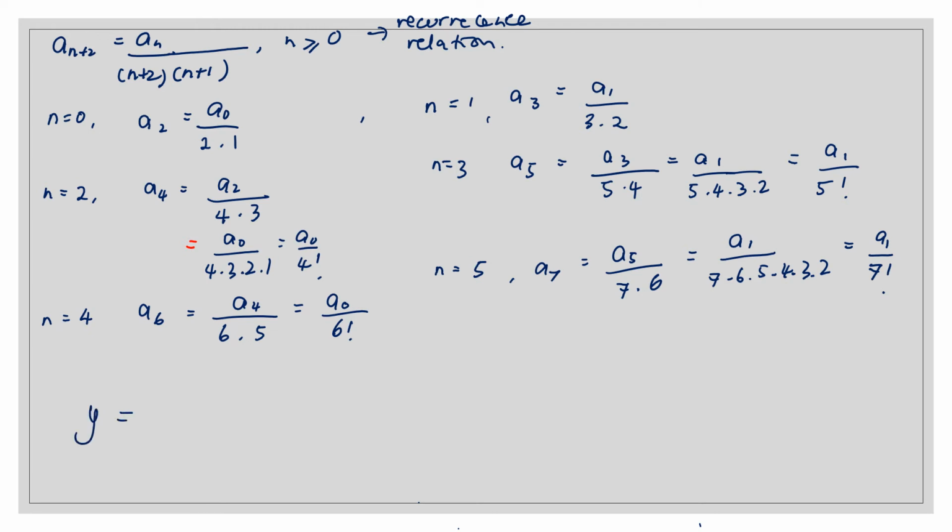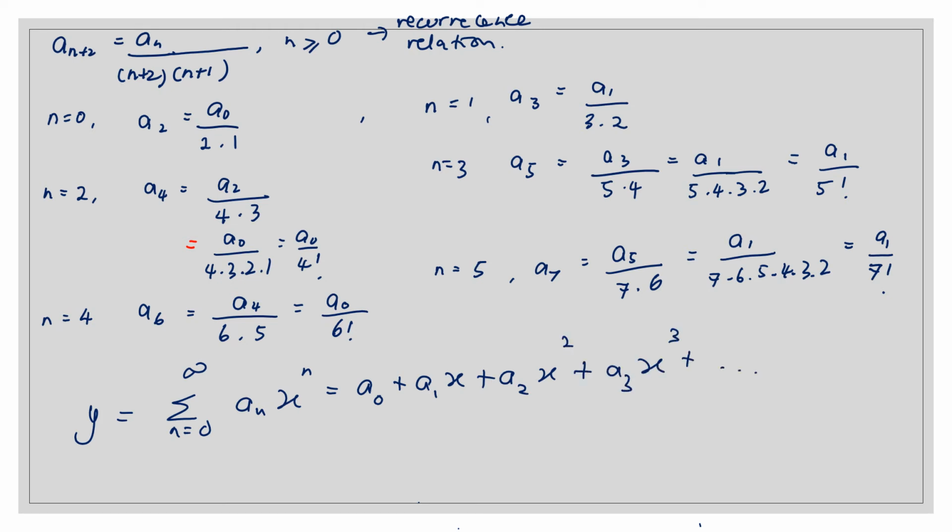y equal to the summation of a(n) x^n, so we will have a0 plus a1x plus a2x squared plus a3x cubed plus dot dot dot.